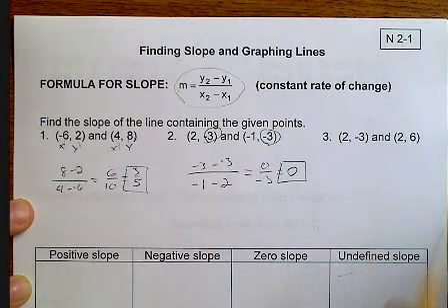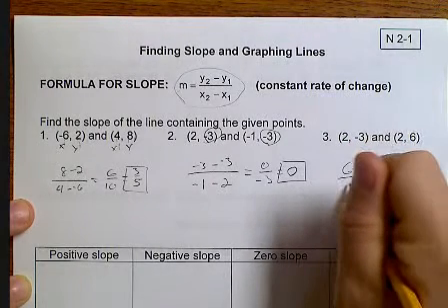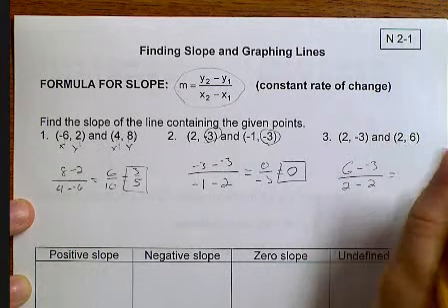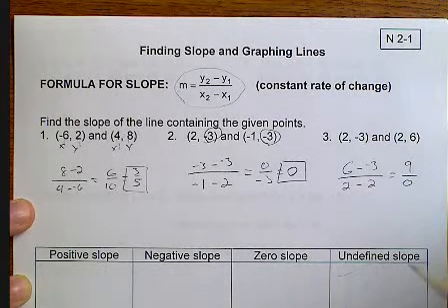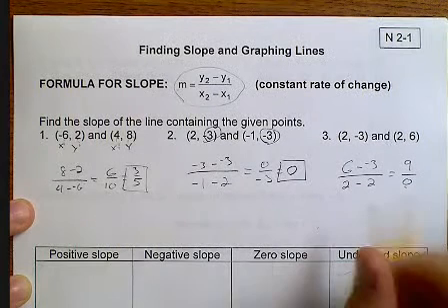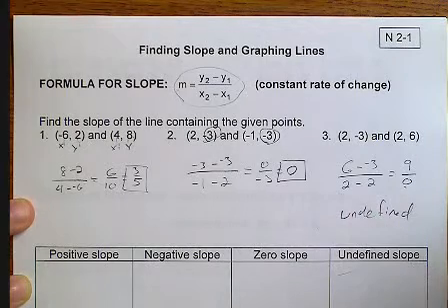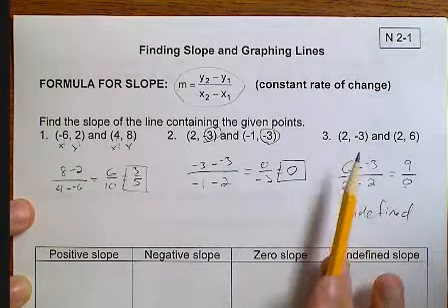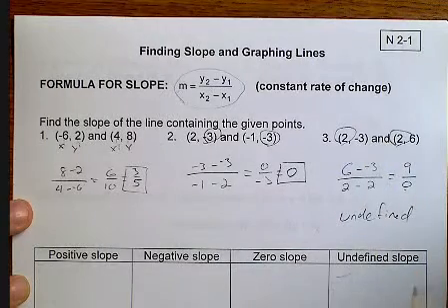And for number 3, we have 6 minus negative 3 over 2 minus 2. That equals 9 over 0. We cannot divide by 0, so that means that this is undefined. And if you ever happen to notice that your x values are the same, you'll know that your slope is undefined.